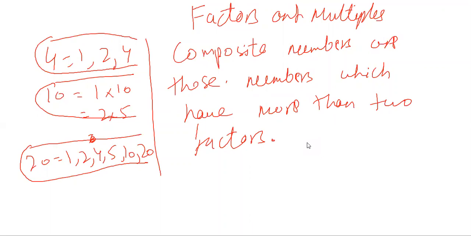Okay, Ibrahim, we are doing prime numbers and composite numbers. Write down the definition of composite numbers and examples which I have written on the board. When you are done, write yes on the chat box.